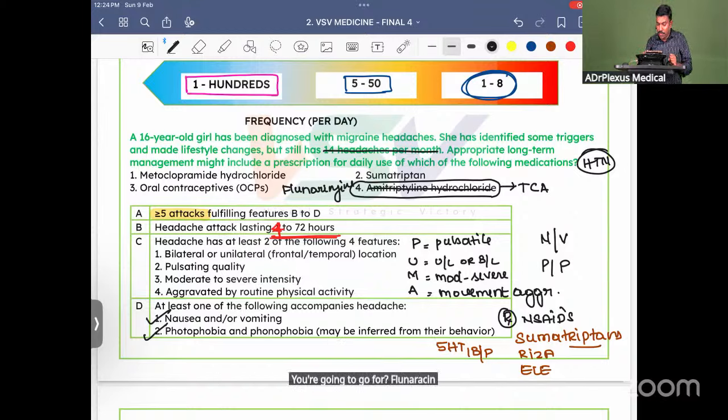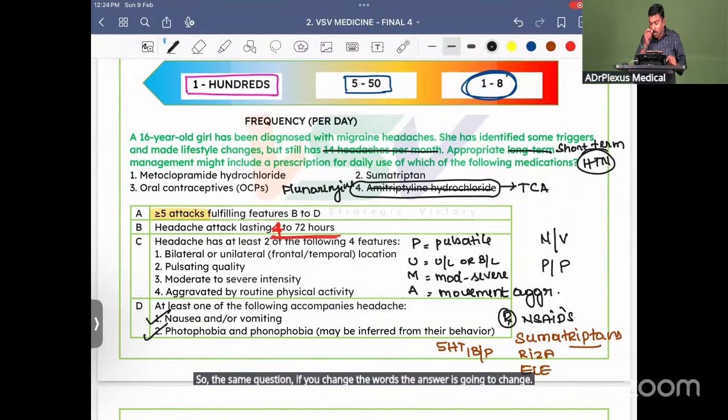Instead of long-term management, if it is a short-term headache, then what is your answer? Short-term headache, then it is going to be sumatriptan. So the same question, if you change the words, the answer is going to change.